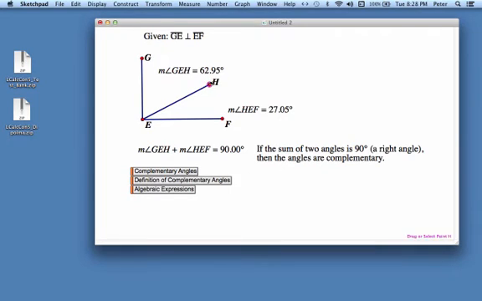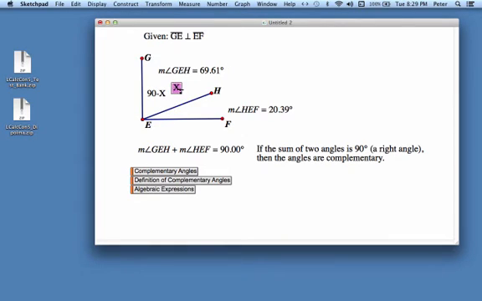Notice that no matter how I manipulate the relative size of the two angles, they always add up to 90 degrees. That's what makes them complementary. Now we're going to be working with some word problems in this section, and so it's important to recognize how to relate these two algebraically. We are always going to call one of the complementary angles x, and then the other angle will be referred to as 90 minus x.